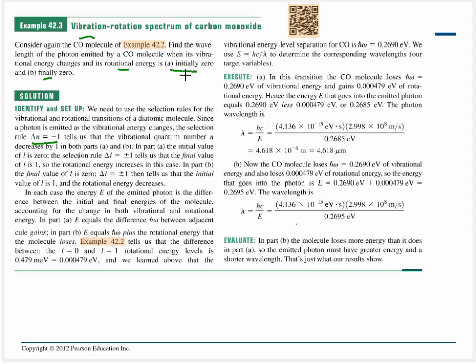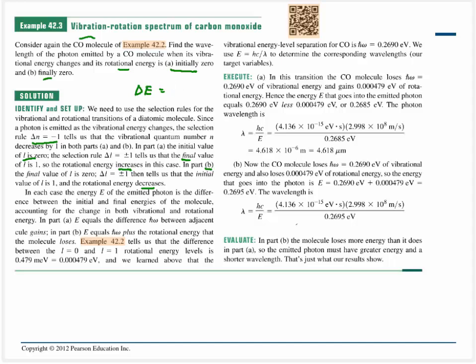And when the rotational energy is initially 0, that tells us that L is initially 0, and at the end of the day, its final value is going to be 1, and the reverse is true. So the reverse is going to be true for part B. So in case A, energy level is going to increase. In part B, the energy level is going to decrease, although actually the amount is going to be the same because we're talking about plus or minus 1.